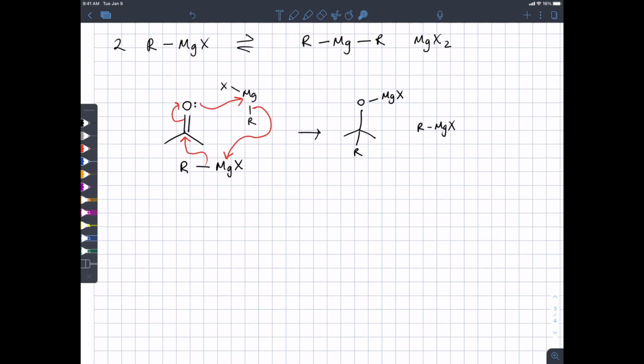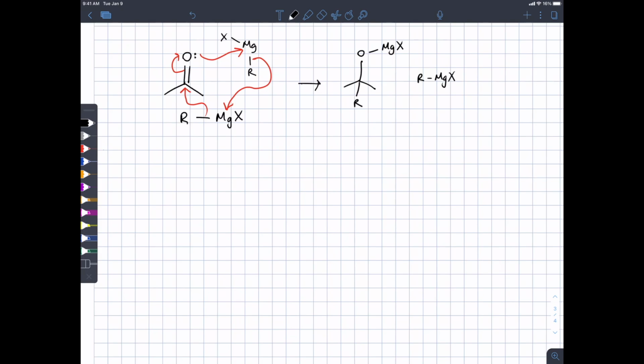And if you want to know more about that, Professor Hans Reich at the University of Wisconsin did a lot of research into what the relevant organolithium species were in solution. I believe he did a lot of lithium NMR, but I can't off the top of my head confirm that lithium's NMR active. So anyway.